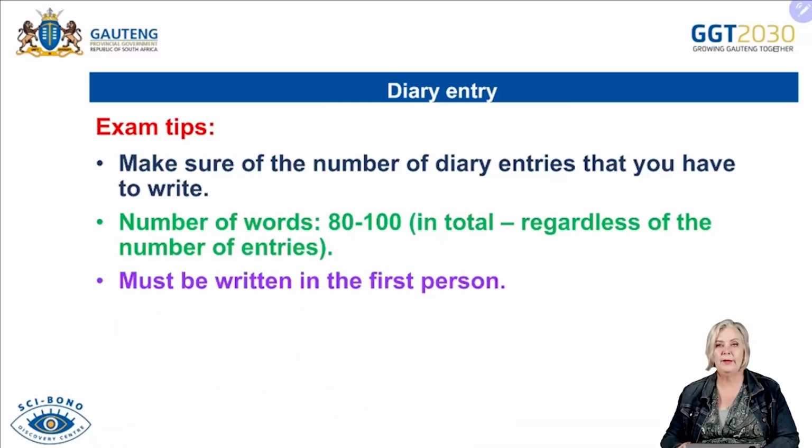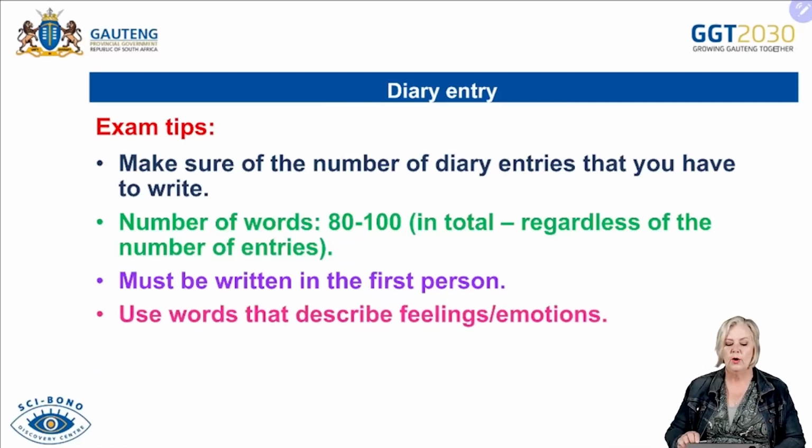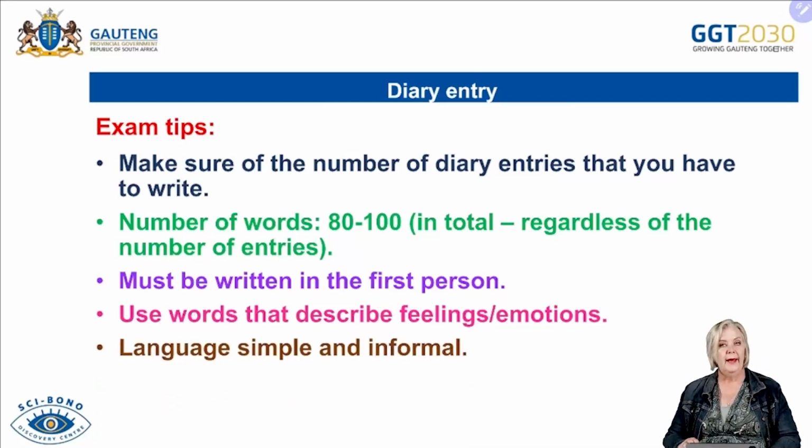It must be written in the first person. Remember, it's a personal response to what is happening in your day. Use words that describe feelings or emotions. The language should be simple and informal.